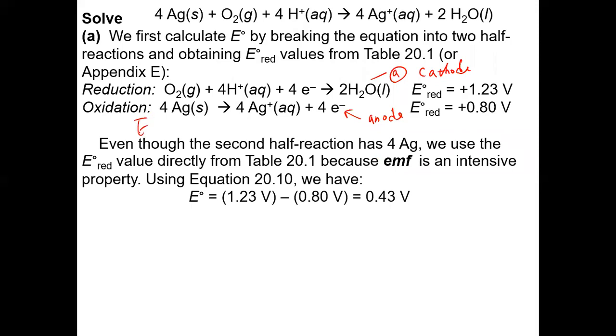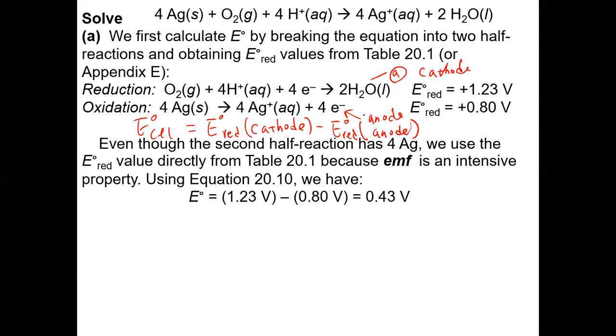E cell equals E reduction, the reduction potential, happened on the cathode, minus E reduction happened on the anode. If everything is at standard, then you have standard, standard, standard.